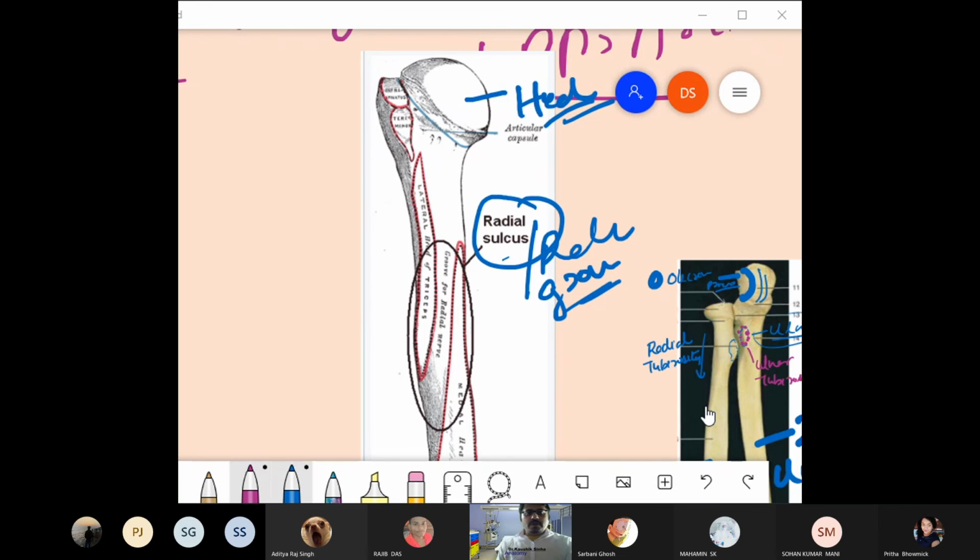So is it not better that instead of taking the break at around 1:10, you start taking the break right now and come back to this class exactly at 1:30? I think that will be better for you, so that in a prolonged continuous series, we can discuss the muscles of the forearm, and not only of the forearm, but also of the wrist, palm, and the fingers. Clear? Yes, sir, it is better.